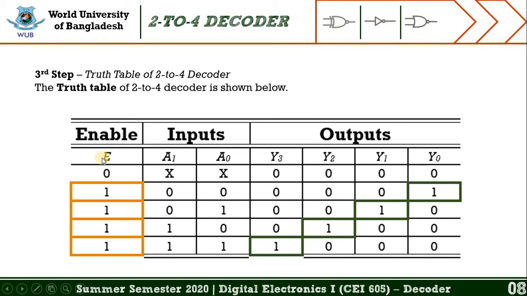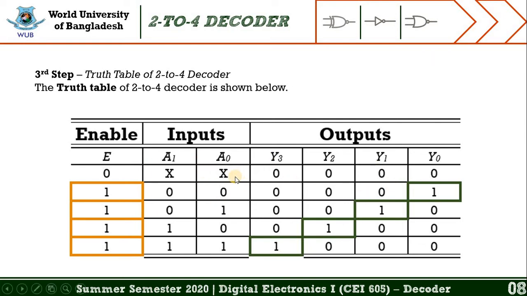One is a special type of input, after that the general inputs, and after these the outputs. So enable should be either 0 or 1. When enable is 0, there is no value for the inputs, which is a don't care condition. You may find this symbolized by X, capital X or small x, whatever you would like to use, there is no problem.